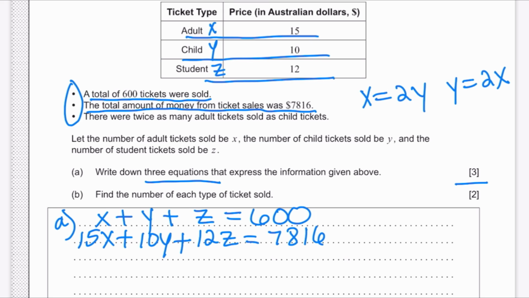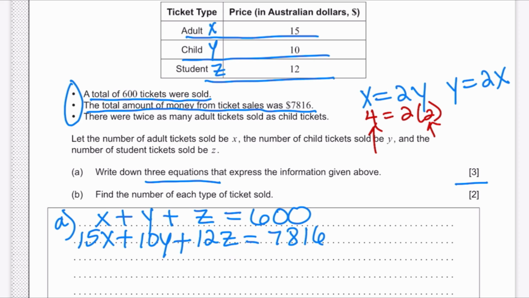Well, let's take a look at the first one. X is the number of adults. If I sold 4 adults, that means I would have sold 2 children. Does that make sense? There were twice as many adult tickets sold as child tickets. So if I sold 2 children's tickets, then I have 4 adults. That makes sense. That is twice as many. Let's try it in y equals 2x. Here, y is the child.